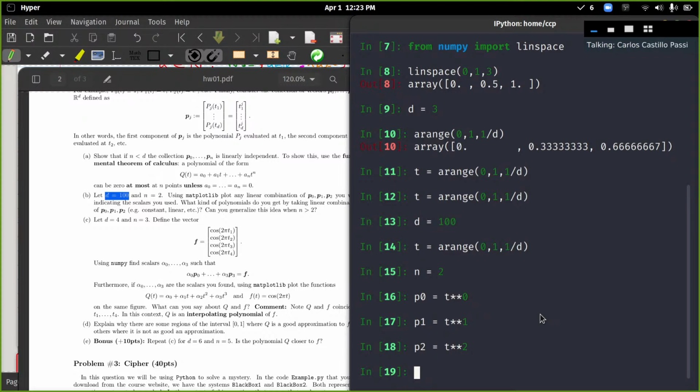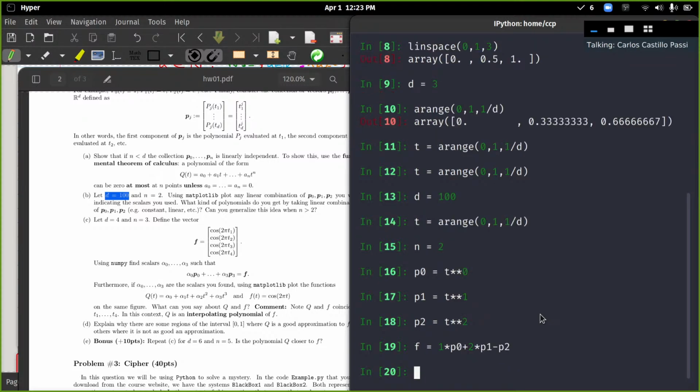And basically, I will have a linear combination of them. Let's call it f, equal to 1 times p0 plus 2 times p1 minus p2. That's a linear combination of them.